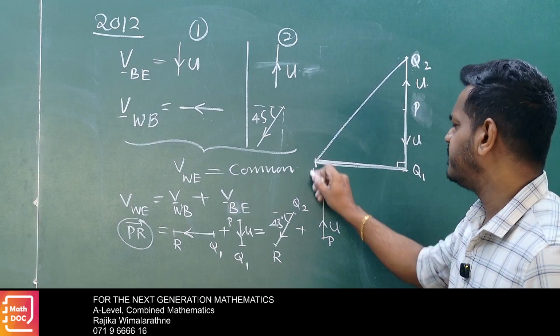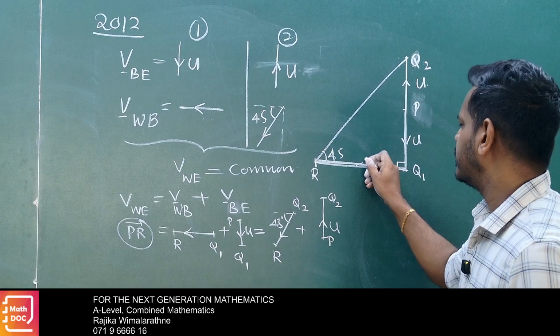This will be R now. Put directions; the resultant is PR.